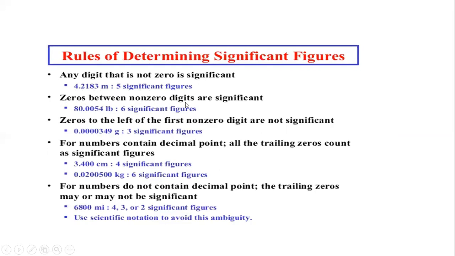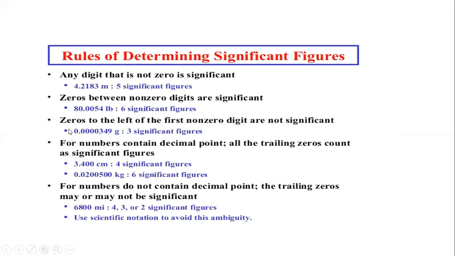Zeros between non-zero digits are significant. If the zeros are located between the non-zero digits, then you can call them significant figures. 8.0054, 1, 2, 3, 4, 5, 6. So this term has six significant figures.